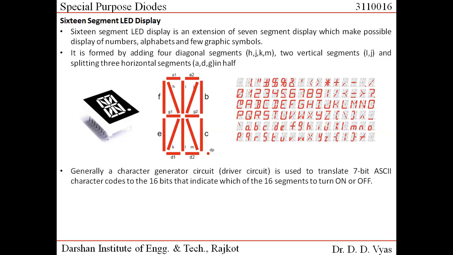So capital letter A would have a 7-bit ASCII code which would be different from small letter a. So to such driver circuits, what we are supposed to give is this 7-bit ASCII code which are standard codes. And this driver circuit would automatically convert the 7-bit code into an appropriate 16-bit code which would help you to display that particular character on a 16-segment LED display.